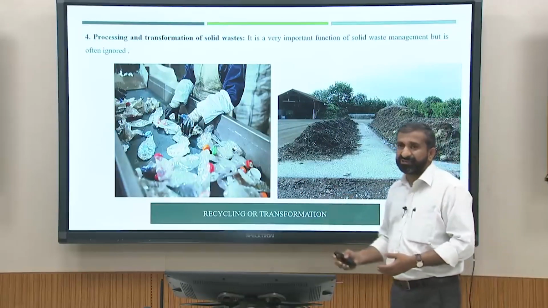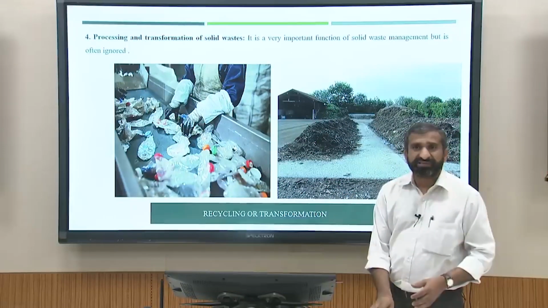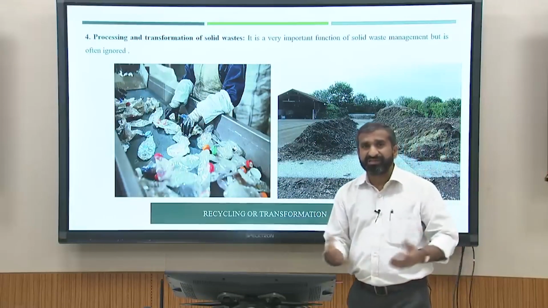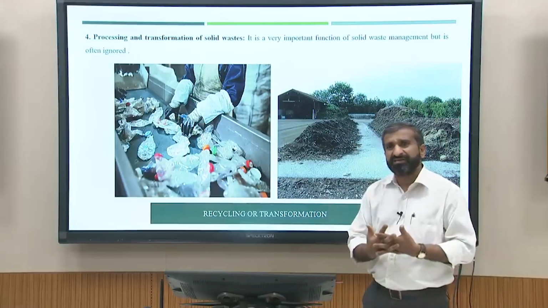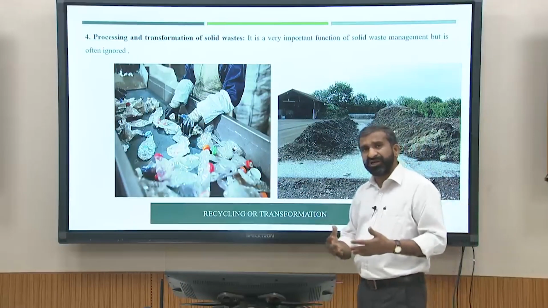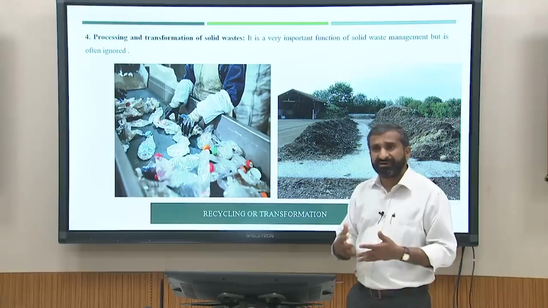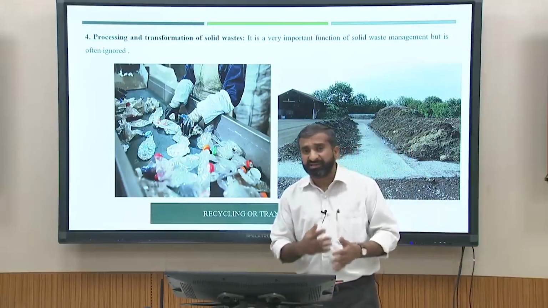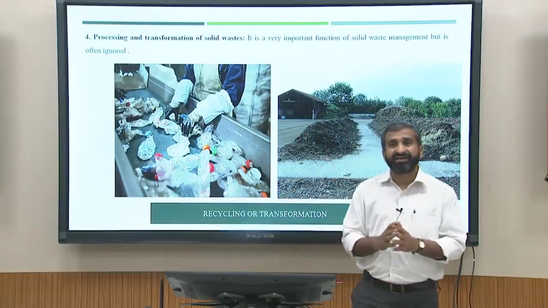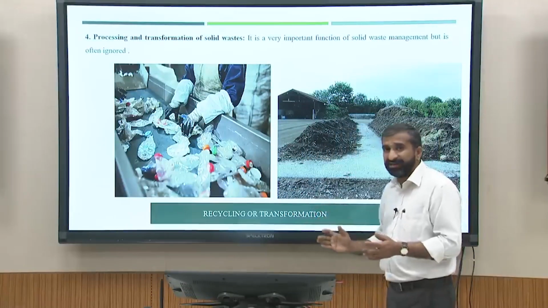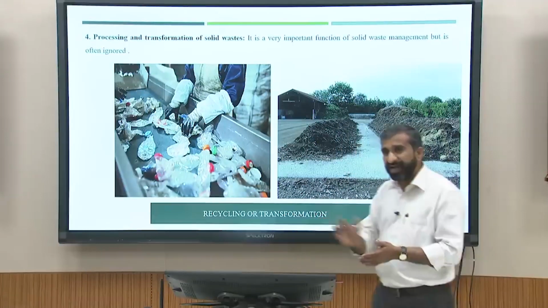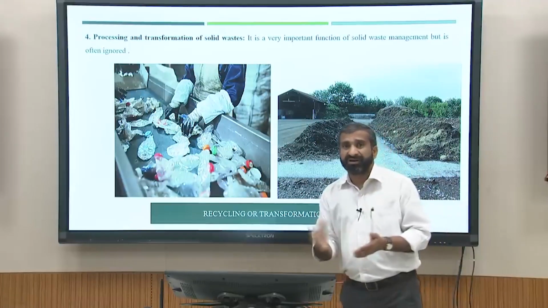If you see our waste characterization, we produce a lot of dry matter, mostly paper, plastic, rubber, leather, metal and glass. All these dry matters are easily recyclable, but the only problem is that they have to be segregated properly.